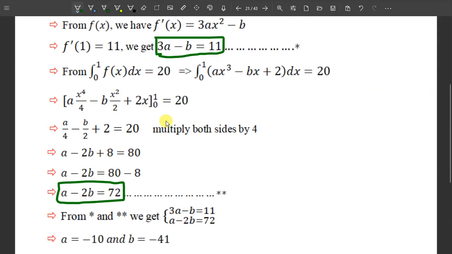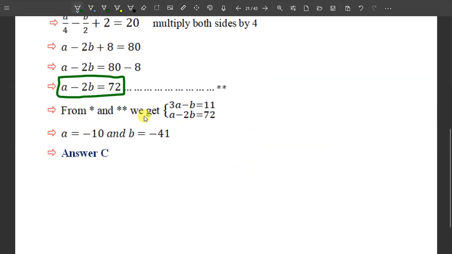From star 1 and the second star here, if we combine, we get the system of linear equations involving a and b, which is written as 3a minus b is equal to 11, a minus 2b is equal to 72. There are many ways to solve such a system of linear equations. In grade 11, you have learned 3 methods to solve a system of linear equations.